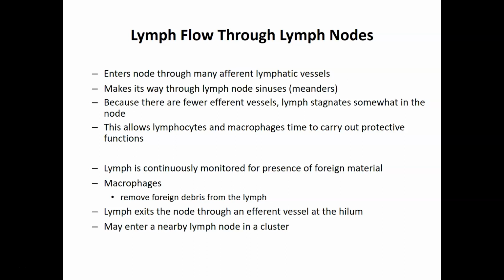And so this allows lymph and whatever it contains to be evaluated really well by the immune system cells inside of the lymph node. If there are any particulates, the macrophages will take care of those, so they will engulf them. They're phagocytic cells, and they will break them down. So it's carrying out both immune surveillance and physical filtration of the lymph.